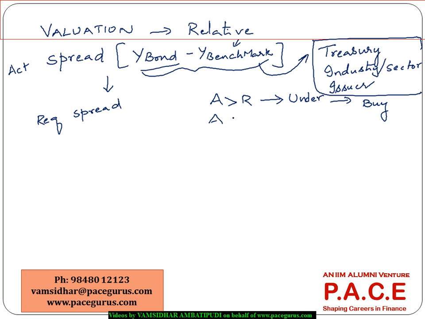Wherever the actual spread is much lesser than the required spread, we say they are overvalued and go for a sell decision. Where the actual spread is equal to the required spread, they are fairly valued and no such decision can be taken. That is the typical way we look at the valuation process.